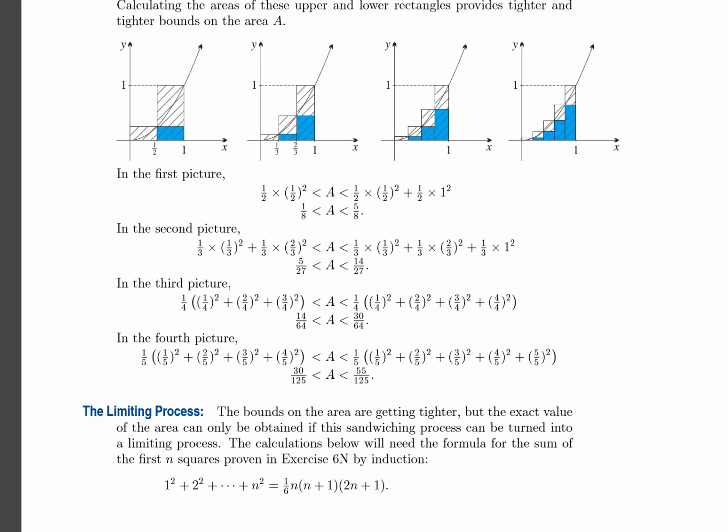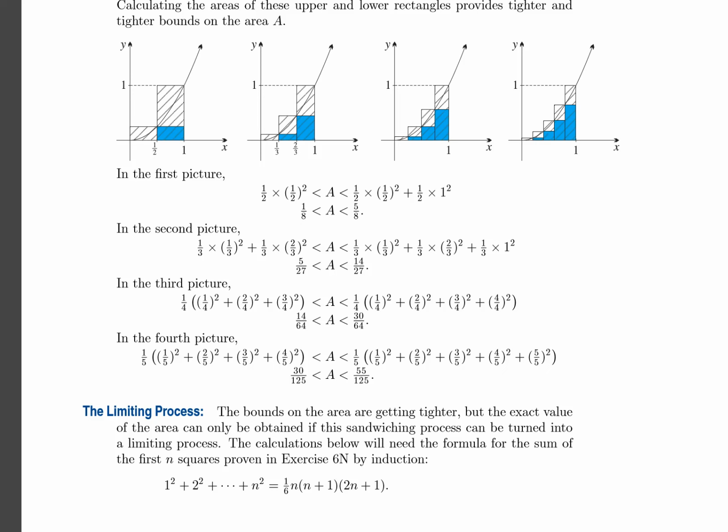And then they wanted to see the limit, as you do that, of the underestimation, the smaller blue rectangles, compared to the limit of the overestimated area from the taller rectangles, and finding the common limit between those two was what they accepted as the area under the curve.